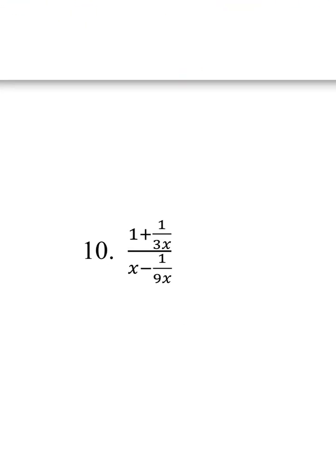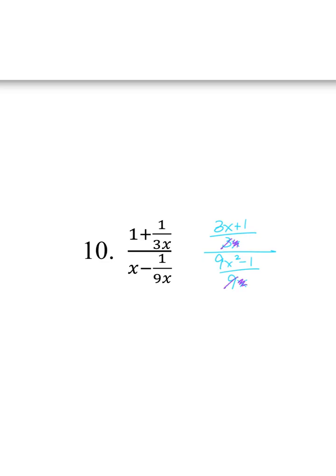So let's try the same thing on this one, okay? On the top and the bottom, when I make those into improper fractions, the top becomes 3x plus 1 over 3x. The denominator becomes 9x squared minus 1 over 9x. And then I'm going to simplify my denominators, meaning this x and this x are gone.